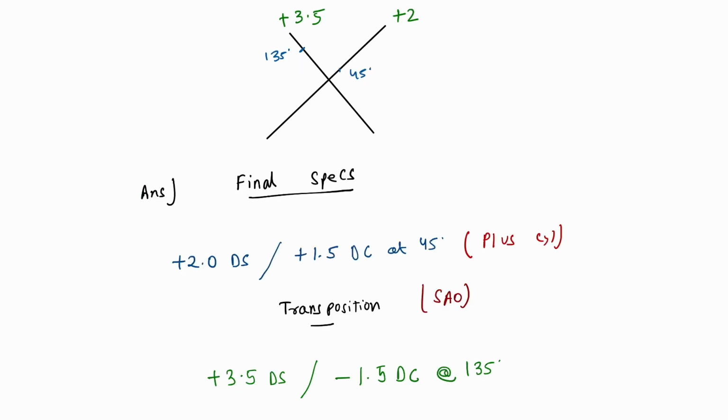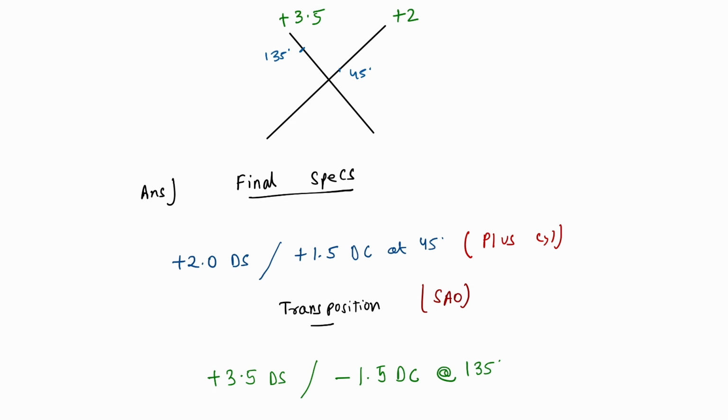Next question is the final spectacle prescription in plus cylinder form. For plus cylinder form, you know that we need to choose the sphere of the lower value. In 3.5 and plus 2, our low value is plus 2. So we'll choose plus 2 diopter spherical. Then the remnant is 1.5 diopter cylindrical at 45 degree axis. This is my plus cylindrical form.